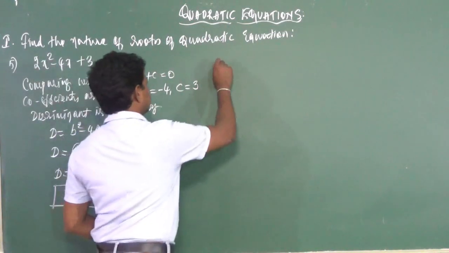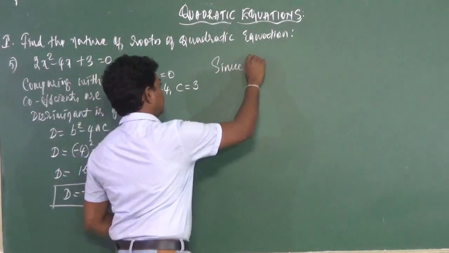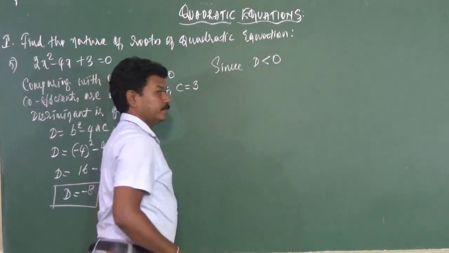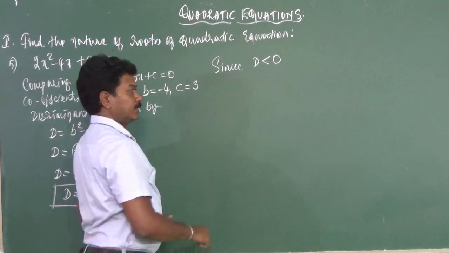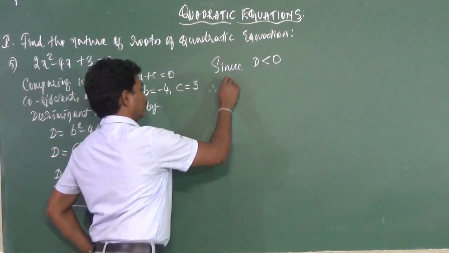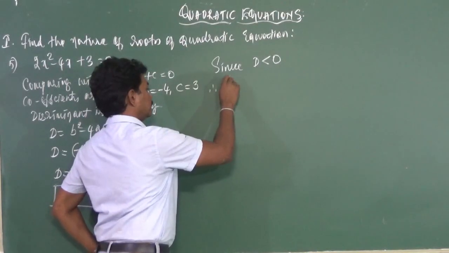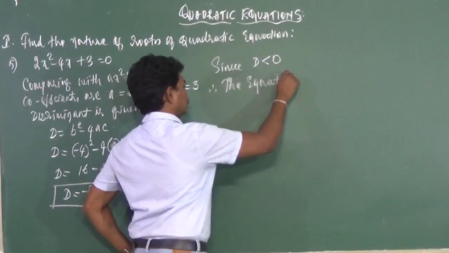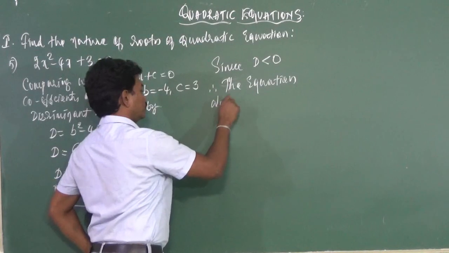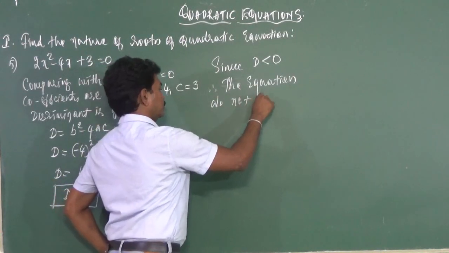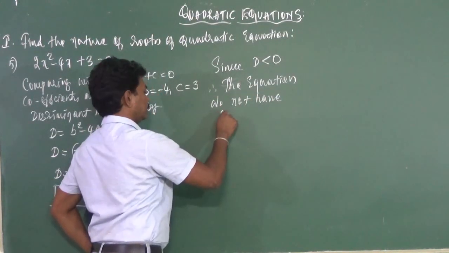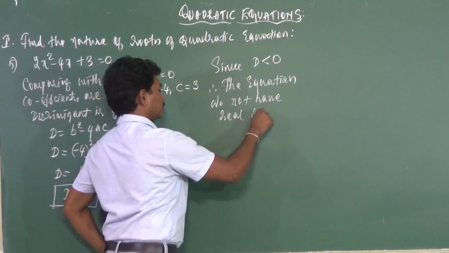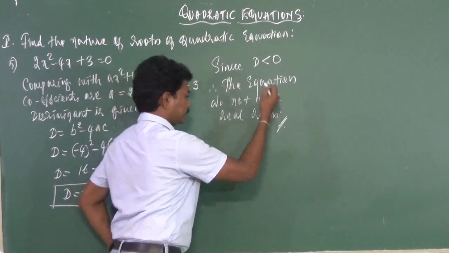So since D is less than 0, the equation does not have real roots. Very good.